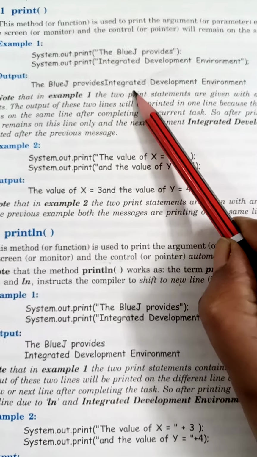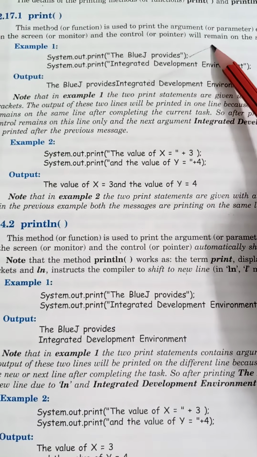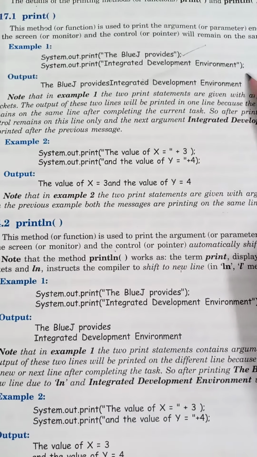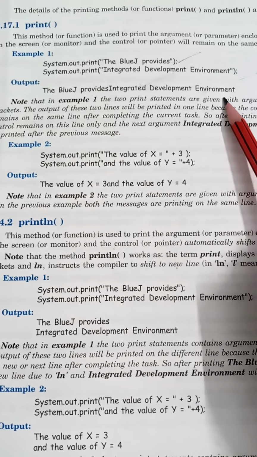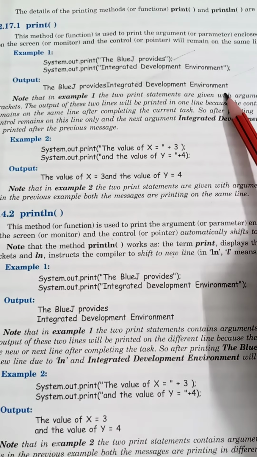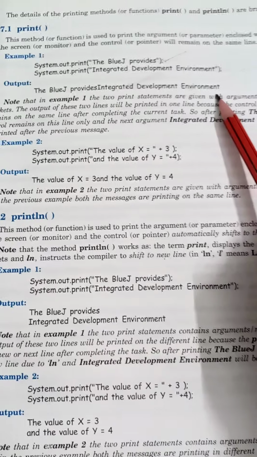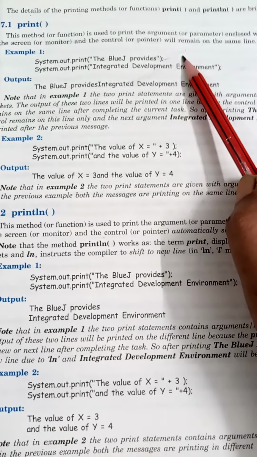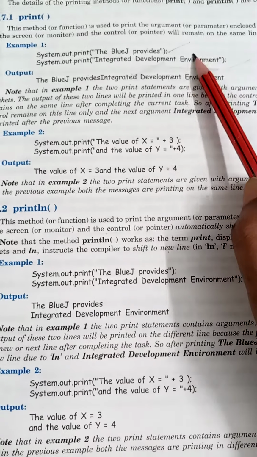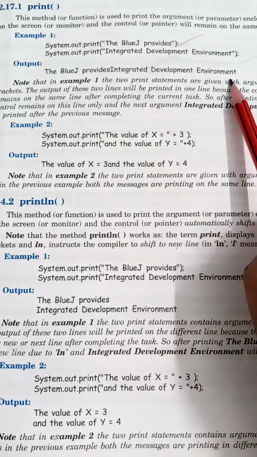This method will simply print this message and just after that the next message, without leaving any line. After printing, the pointer remains on the same line, then the next statement prints its message on the same line.